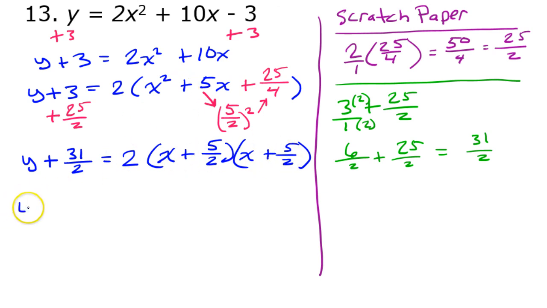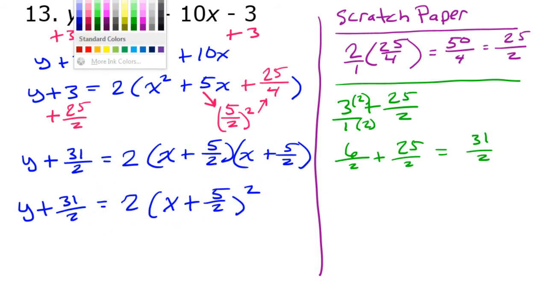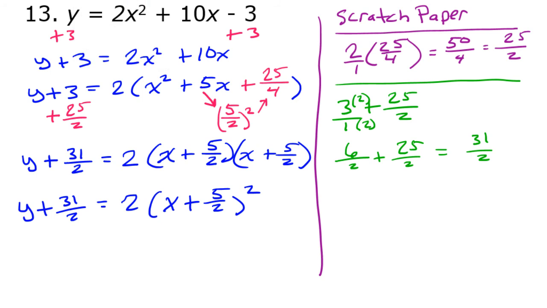So this is going to give me y plus 31 over 2 is equal to 2 times x plus 5 over 2 squared, because there's 2 of them. And then finally, just subtract the 31 over 2 from both sides.